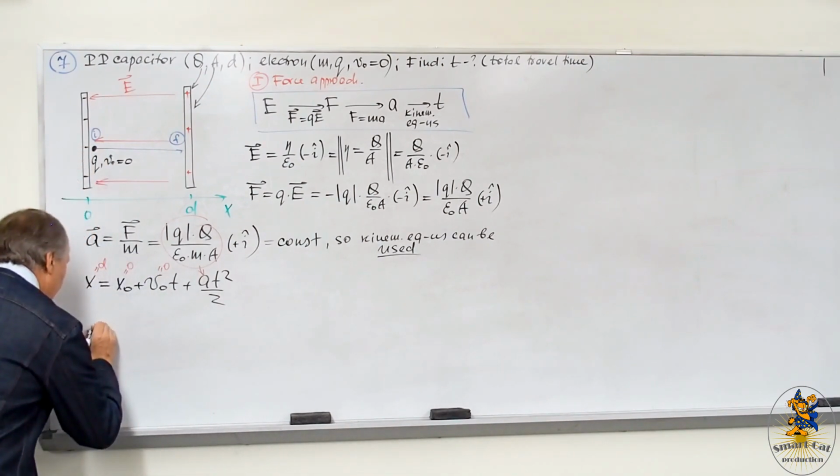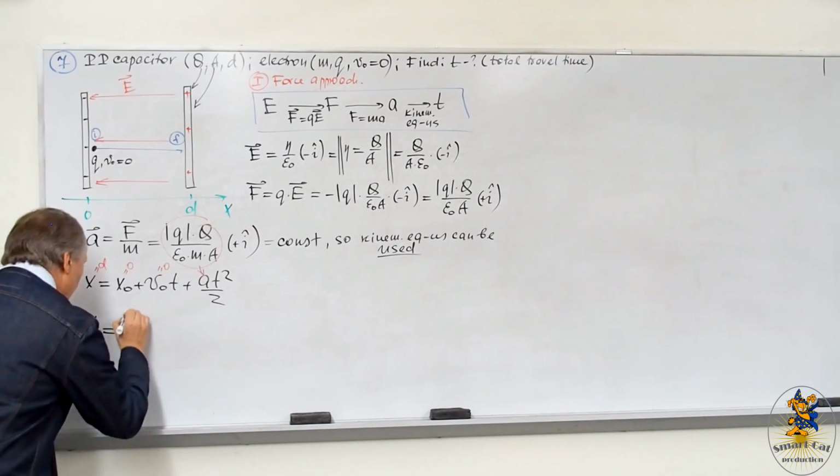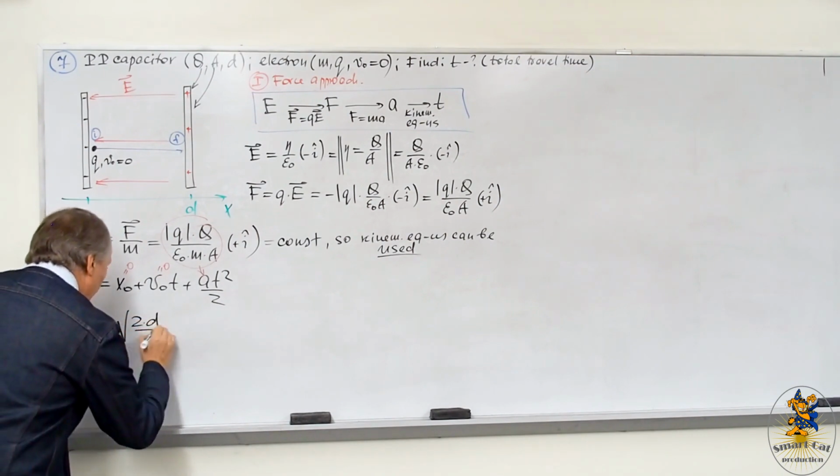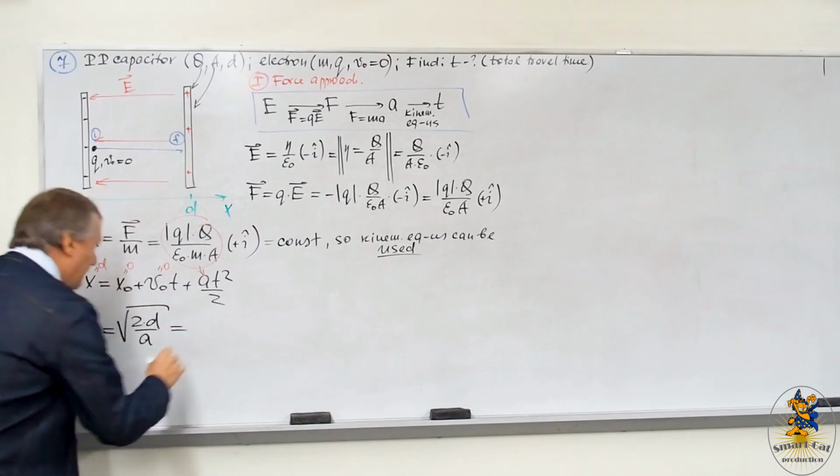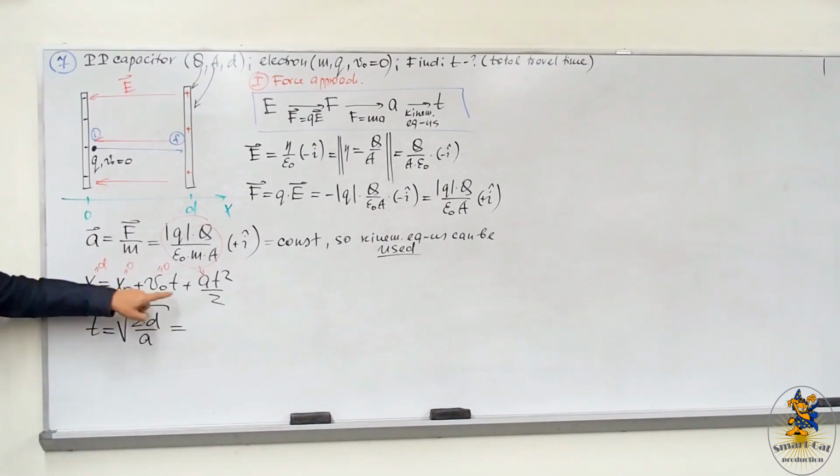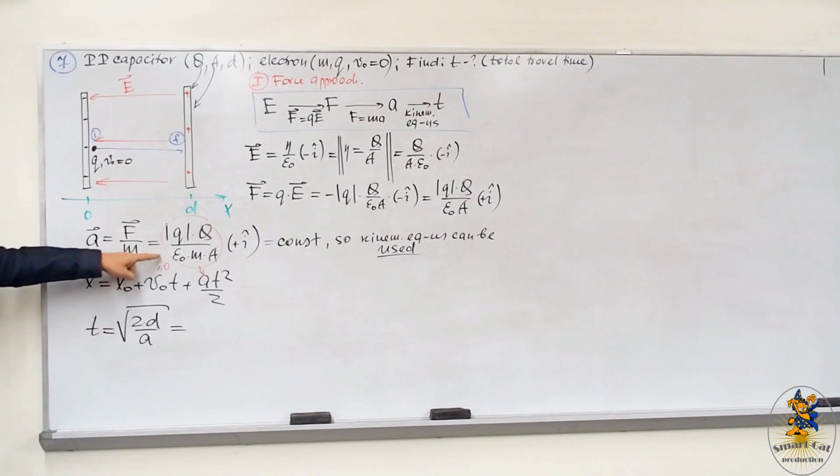So t will be equal to square root of 2d over a. You see, this is 0, so I just move 2 to this side, 2d, and then divided by a, and square root. And now let me plug in acceleration. Of course, magnitude of acceleration.